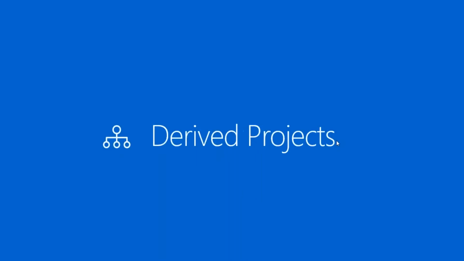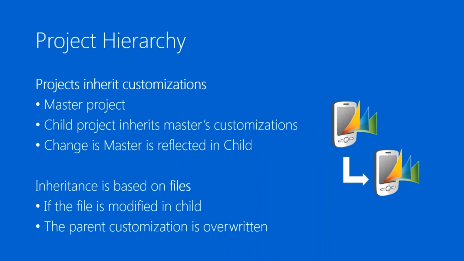Let me show you a couple more things and talk about other topics like derived projects. If you haven't encountered this feature, it's something we call project hierarchy, where you can have one master project and then inherit child projects from it.